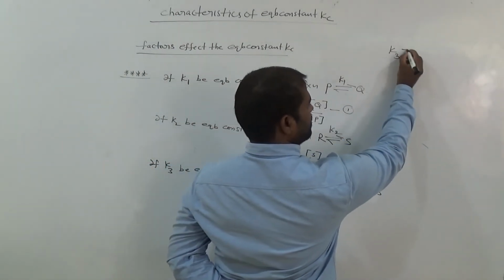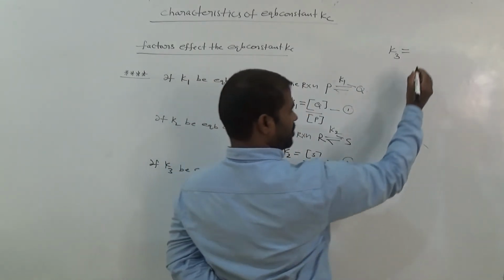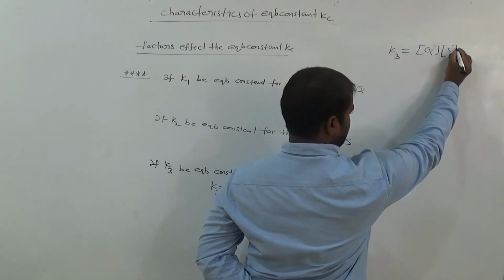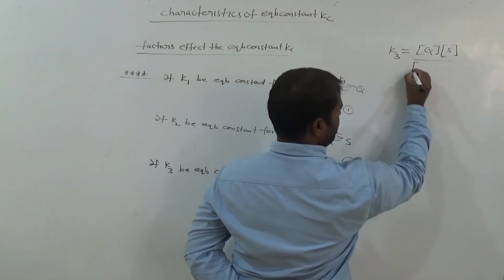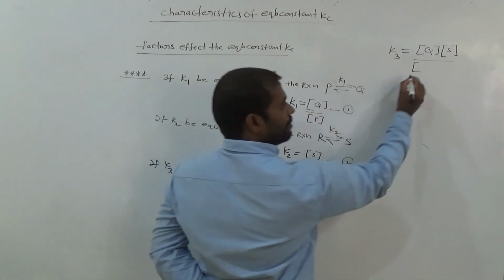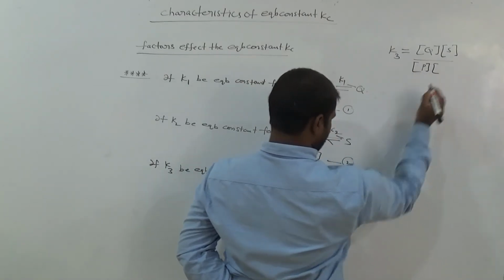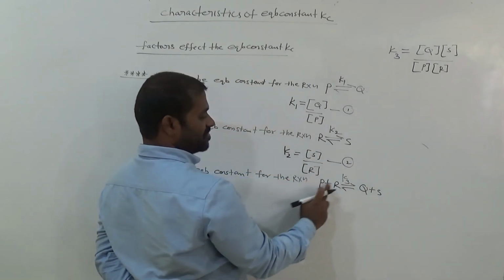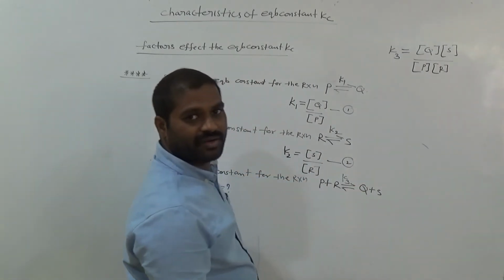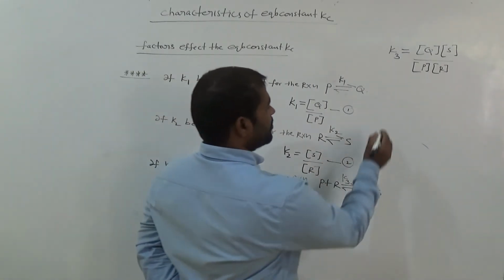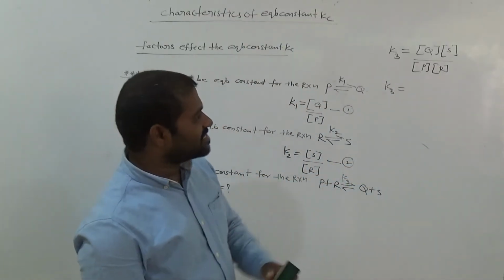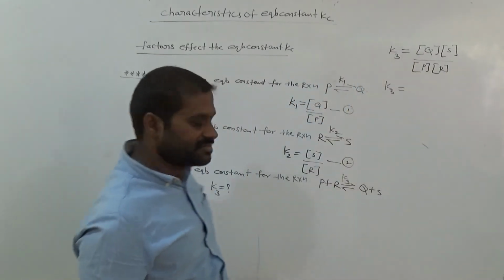From this expression K3 is equals molar concentration of Q, molar concentration of S by molar concentration of P, molar concentration of R. Here stoichiometric coefficients are 1. So from this one, K3 is equals to, what about molar concentration of Q by P?